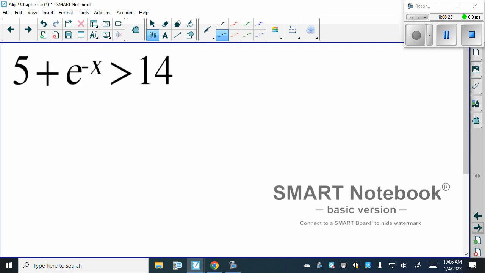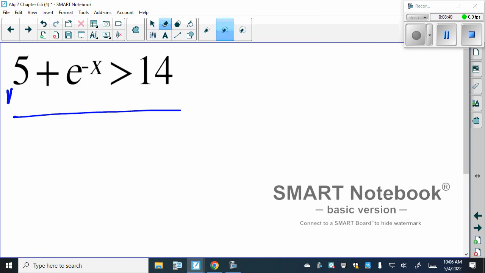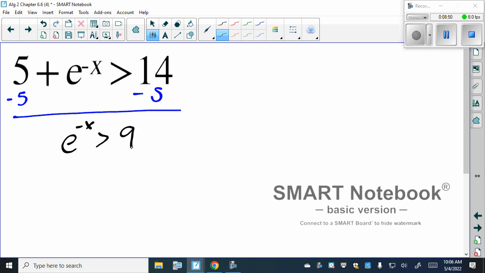5 plus e to the negative x is less than 14. Subtract 5, yes. Which will tell us that e to the negative x is less than 9, which tells us that negative x is less than the natural log of 9.